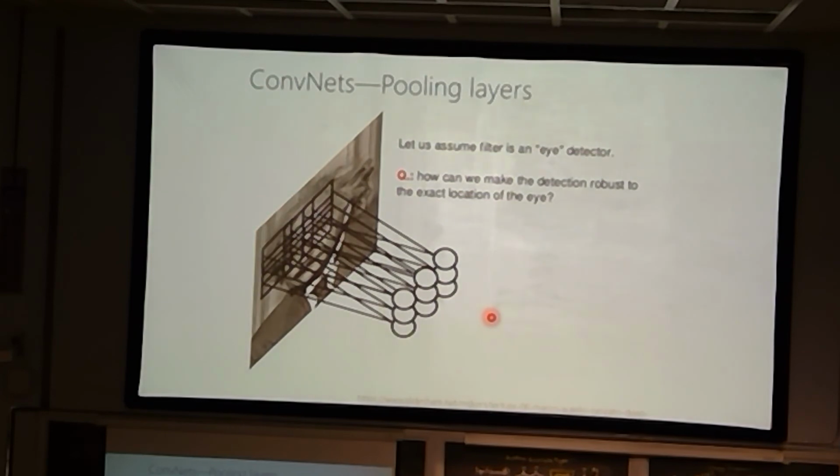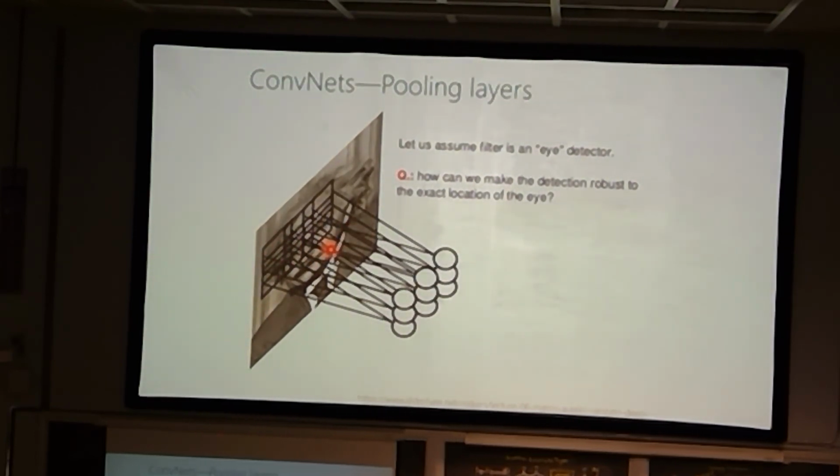One way you'll frequently hear is max pooling. The idea of max pooling is, imagine that I have, in this case, an eye detector. So at this point, say after I've trained it, one of the filters is an eye detector. When I scan it everywhere, I ask how much eye do I think there is here, and here, and I do it everywhere, so that's what this is meant to depict.